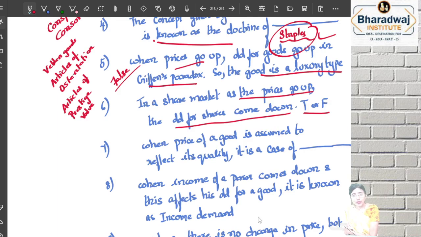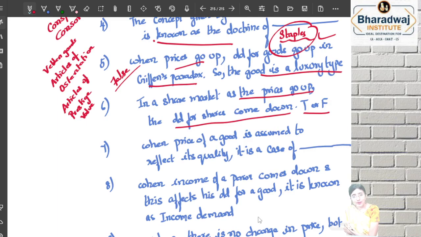I'm asking why. Price and quantity demanded are related, directly or indirectly? Directly. Price and quantity demanded. That is the law of demand.